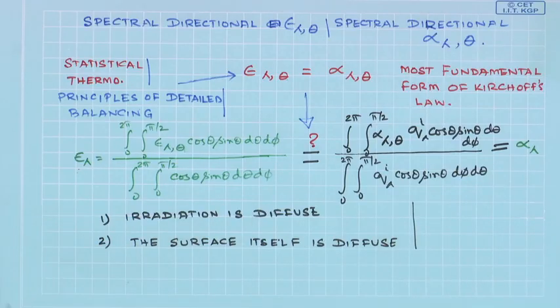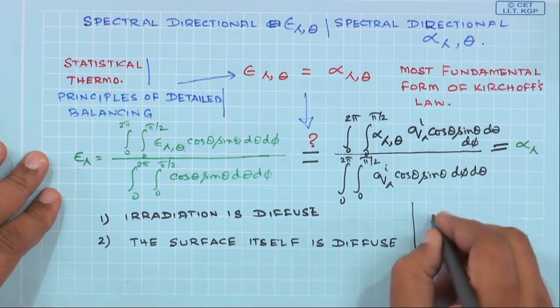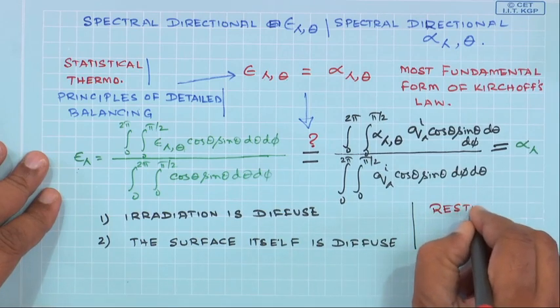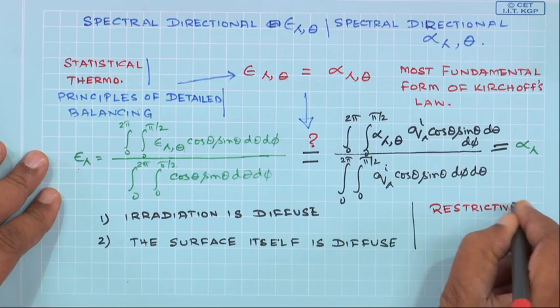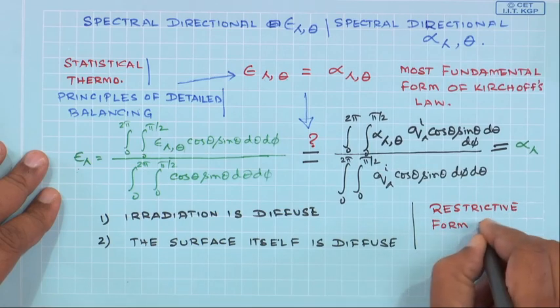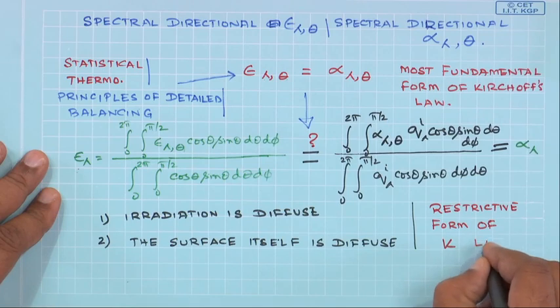What are the restrictions? It can either be that the surfaces are diffuse or the incident radiation is diffuse. In both cases, the spectral emissivity is equal to the spectral absorptivity. So, once again, this is known as the restrictive form of Kirchhoff's law.